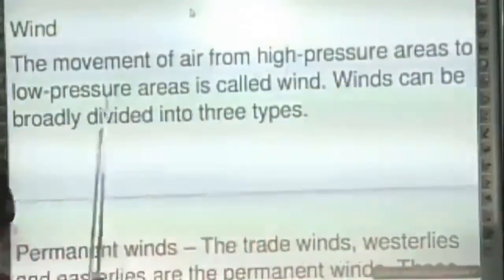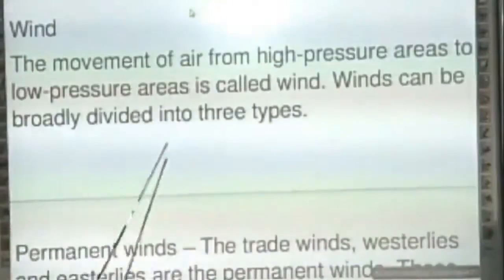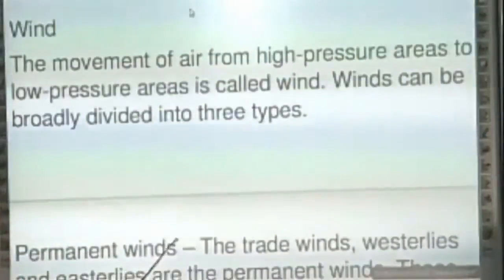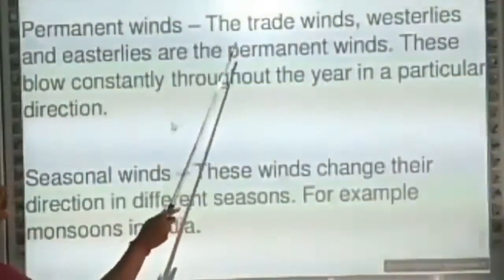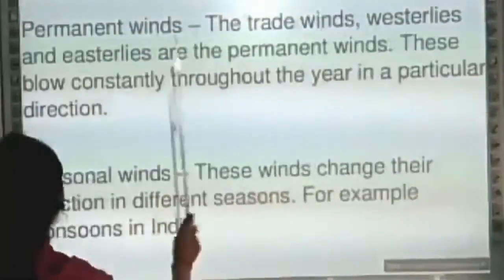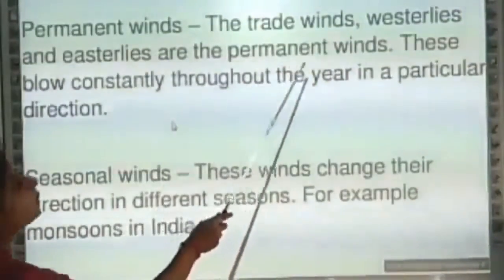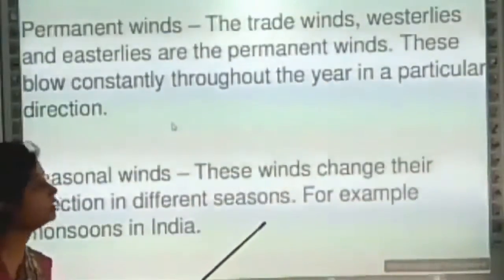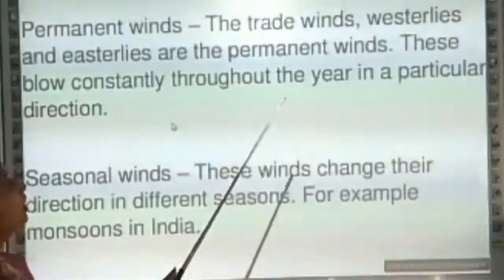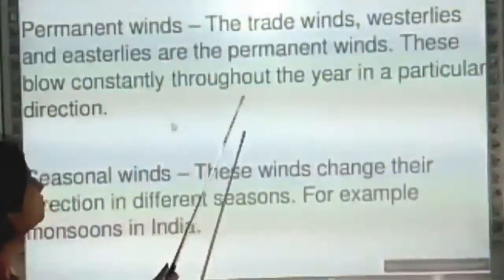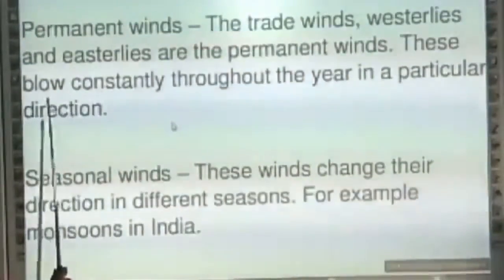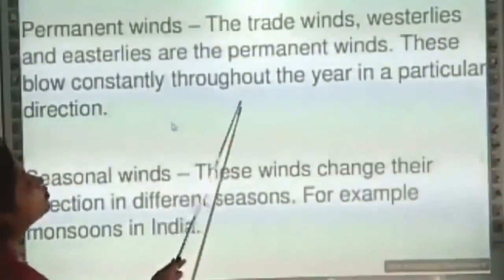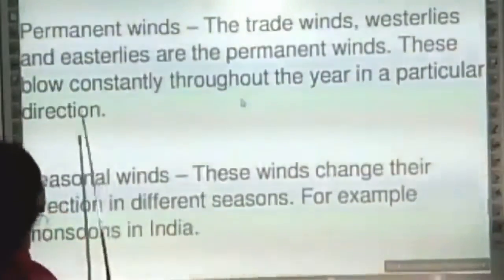Winds can be broadly divided into three types. Permanent winds: the trade winds, westerlies and easterlies are the permanent winds. These blow constantly throughout the year in a particular direction.